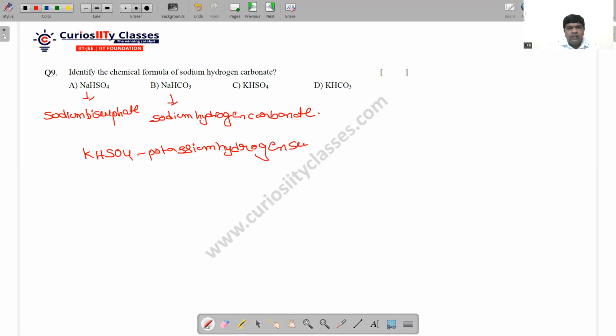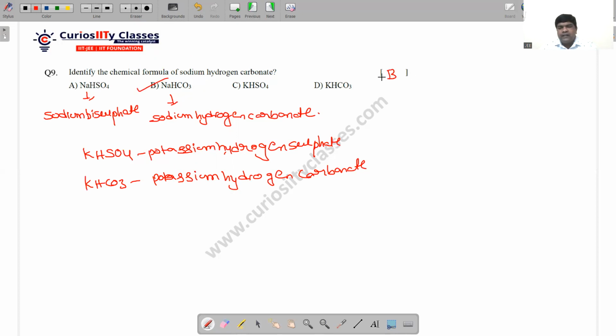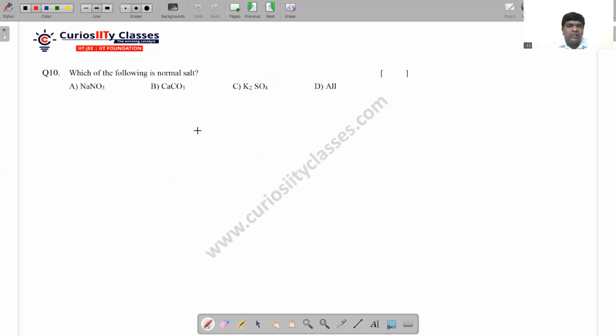KHCO3 is potassium hydrogen carbonate. Asking sodium hydrogen carbonate. Option B is correct. Which of the following is normal salt?